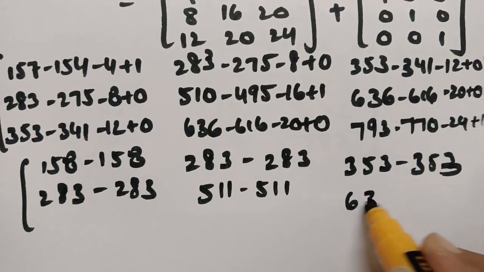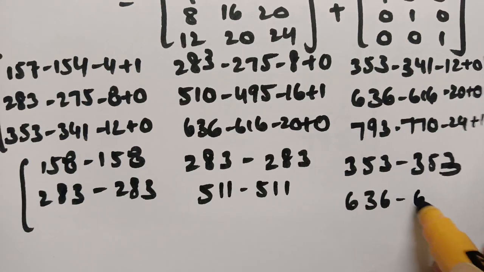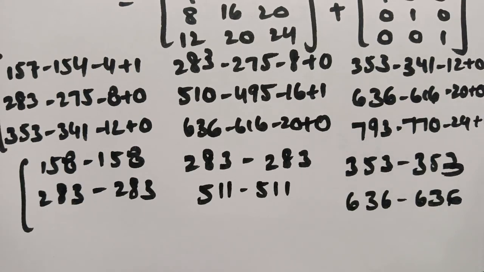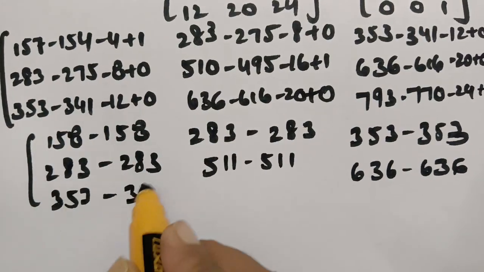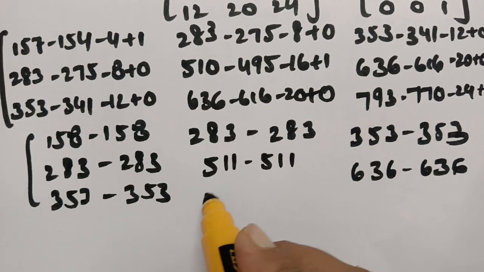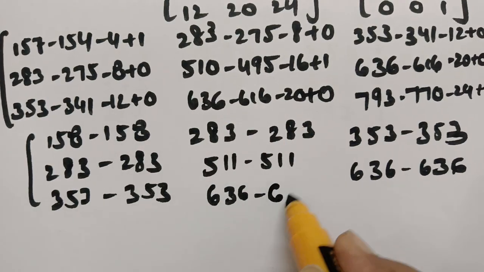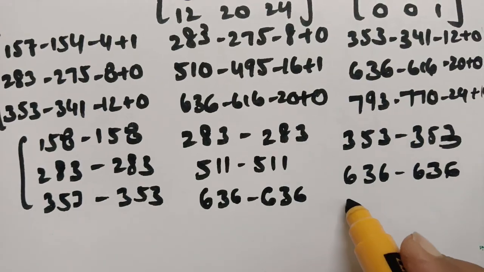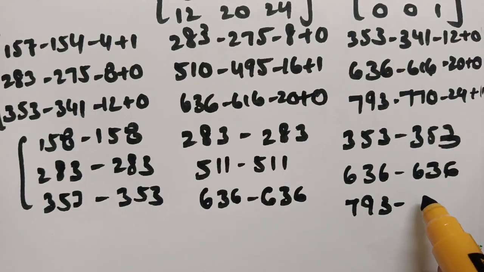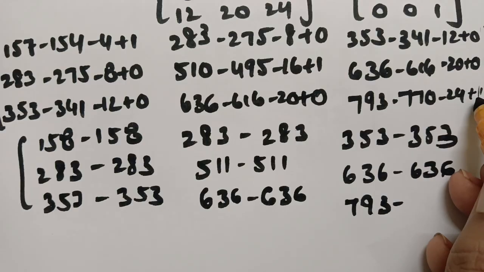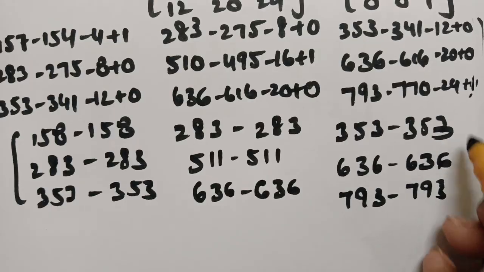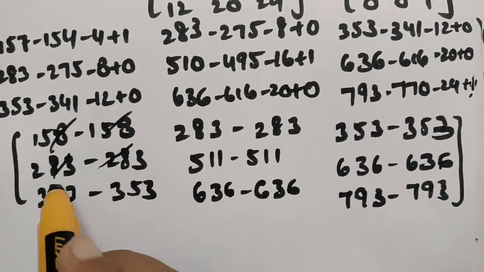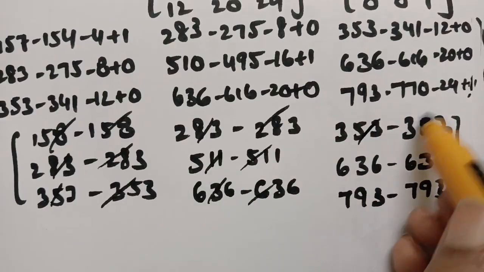So this is 636 minus 636. 353 minus 353. This value is 636 minus 636. So this value is 793 minus 793. Observe that this value is plus 1. So if you observe, all the values got cancelled, and we got 0.